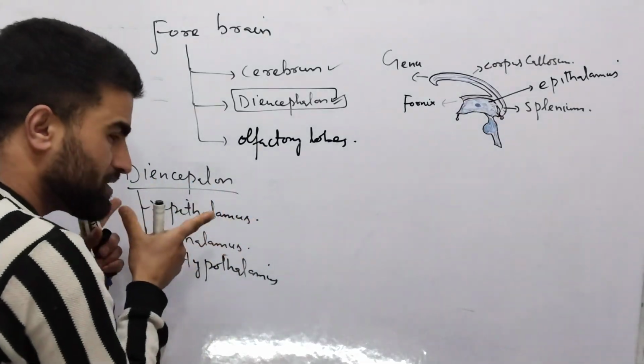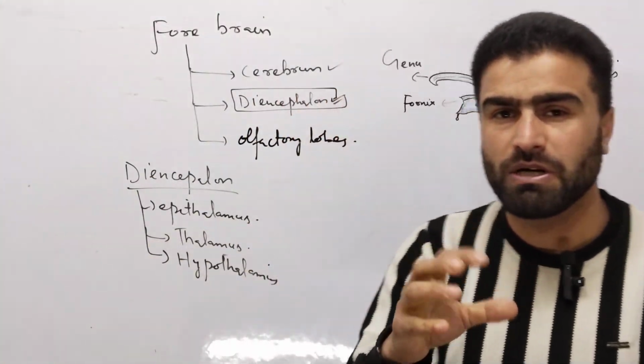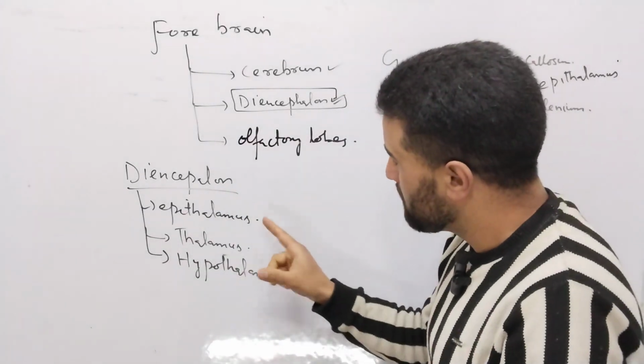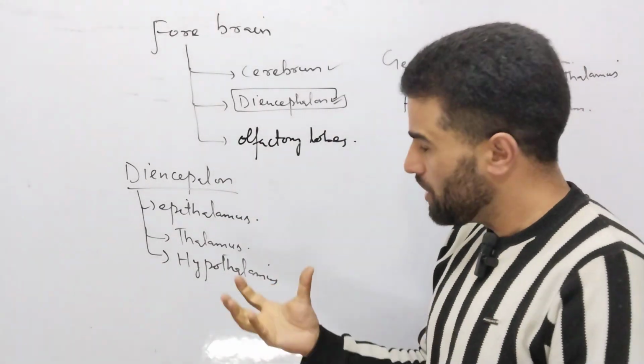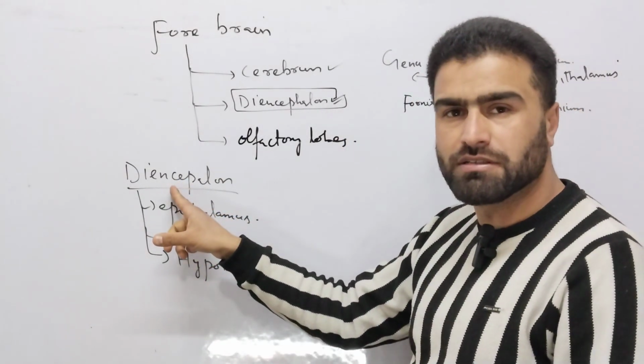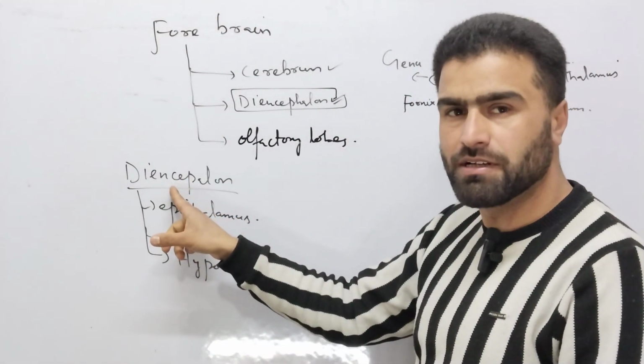So when we discuss this diencephalon, we are going to talk about three different parts of it: epithalamus, thalamus, and hypothalamus. All these three parts integrate together to form a structure that is called the diencephalon. I hope now it's clear.